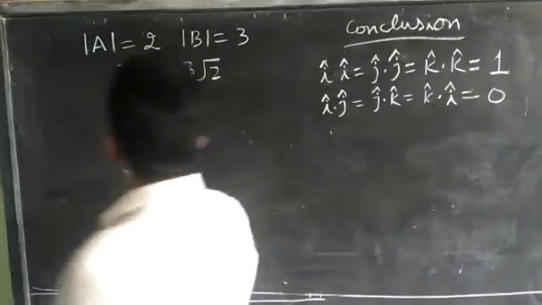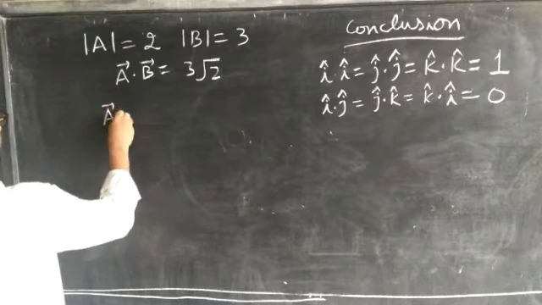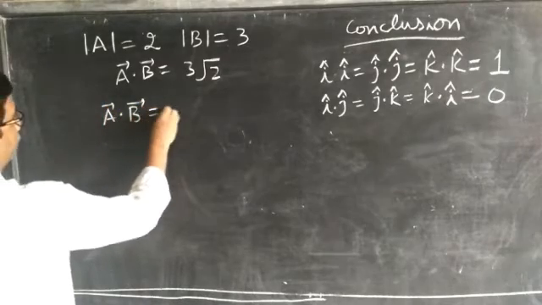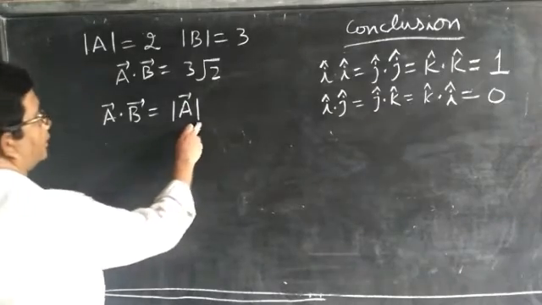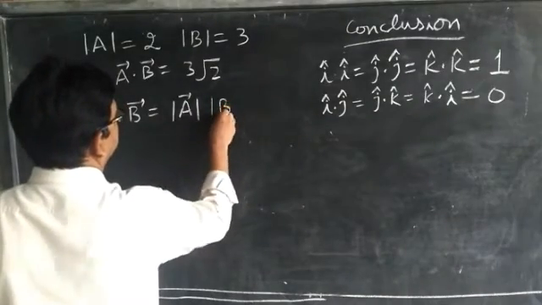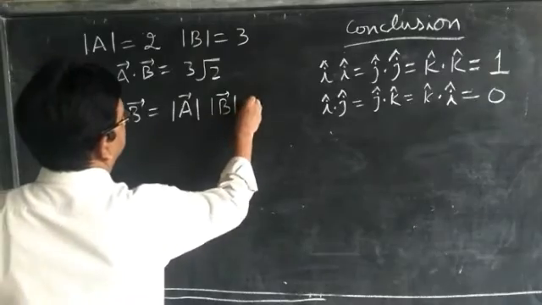Then we know vector A dot vector B is equal to modulus of vector A, modulus of vector B cos theta.